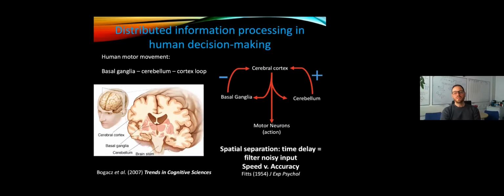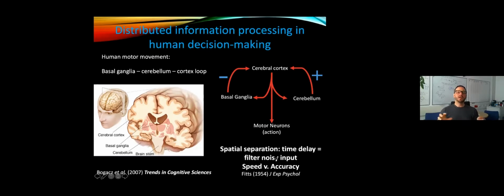And it's been proposed that this physical separation between the basal ganglia and the cerebellum introduces a time delay, because there's a physical separation between the cells and that's not all occurring within one cell. It takes time for the signals from the negative and the positively acting centers to reach and be integrated within the cerebral cortex. So this spatial separation introduces a time delay, and it's been proposed that this filters noisy inputs.